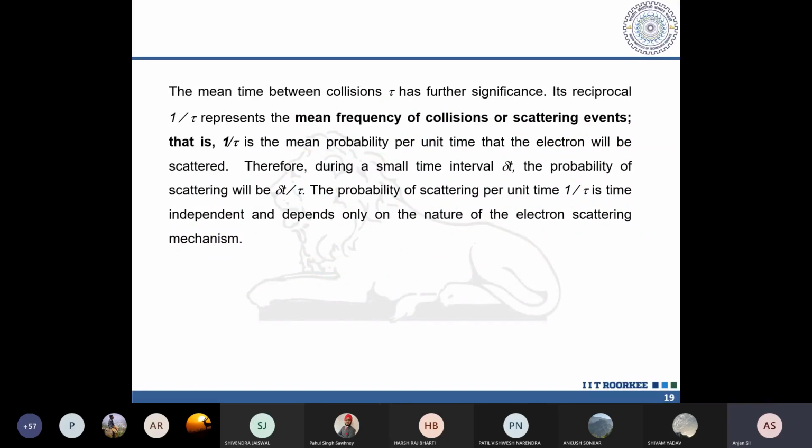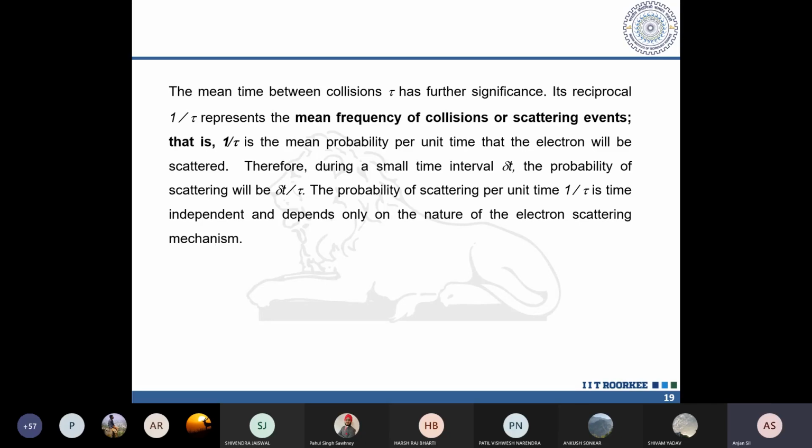Now see, the mean time between collisions tau has further significance. Why we are stressing tau more is because tau decides many things. Basically tau relates the scattering probability and the time of flight. So if tau is more, you have higher drift mobility.